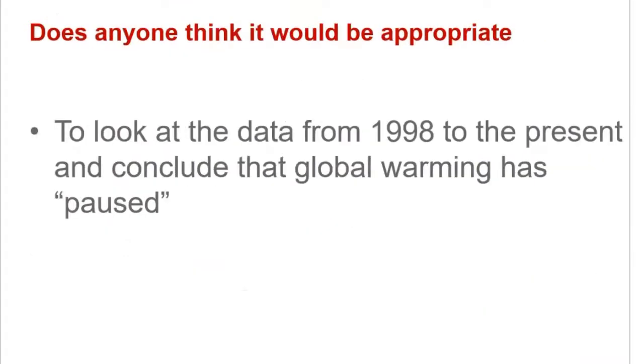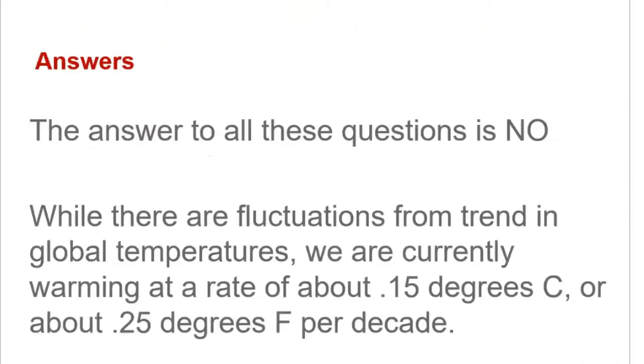So the question is, do you think it would be appropriate? No. None of those are appropriate. Those are not appropriate. All three of those were fallacious and playing fast and loose. Why? Because there are fluctuations from trend in global temperatures.